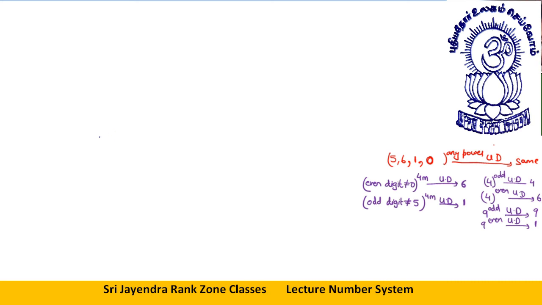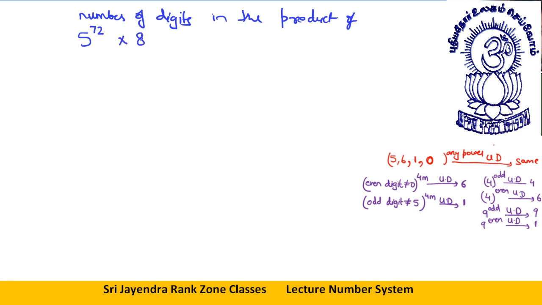The number of digits in the product of 5 raised to power 72 into 8 raised to the power 27.